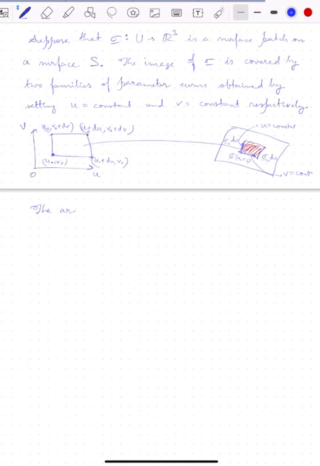So the area of the parallelogram with sides, say, vector sigma u du and sigma vector v dv, is approximately, with sides on the surface S, this is surface S, right?